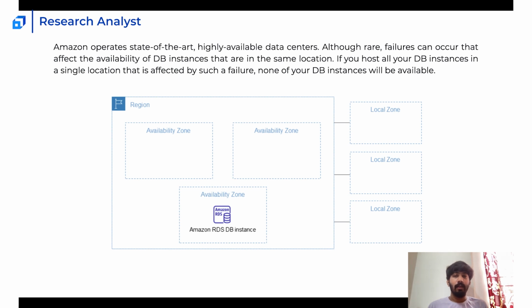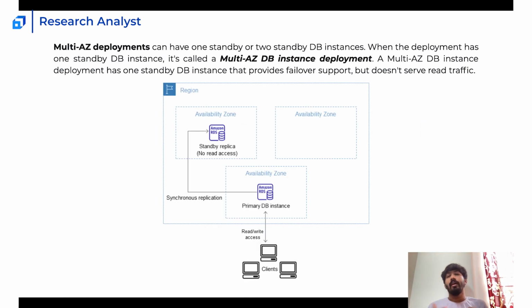So to combat this, you can go with an architecture called multi-availability zone deployments. In this case, you can have one or two standby database instances. When the deployment has one standby database instance, it's called a multi-AZ database instance deployment. A multi-AZ database instance deployment has one standby database instance that provides failover support but doesn't serve read traffic.